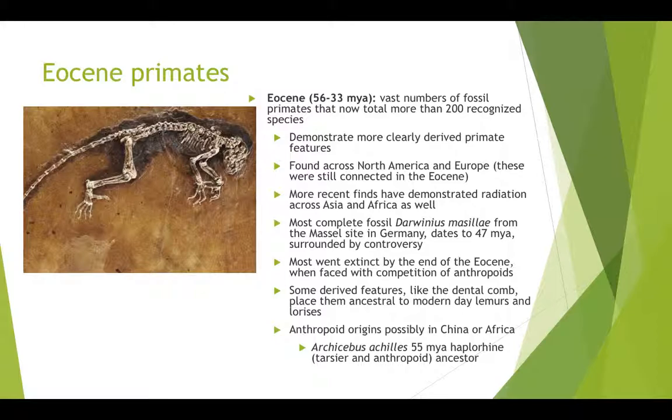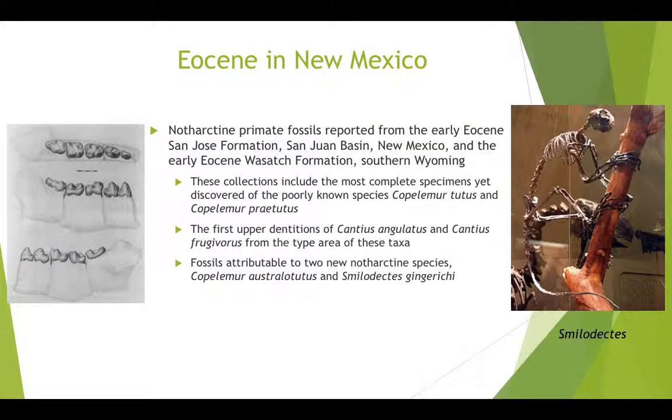Haplorhines eventually differentiate into tarsiers, as well as all living anthropoids. So while we've got the radiation of anthropoids starting in Africa or Asia, we've got some interesting stuff going on in the New World, particularly in North America, with respect to these early prosimians.